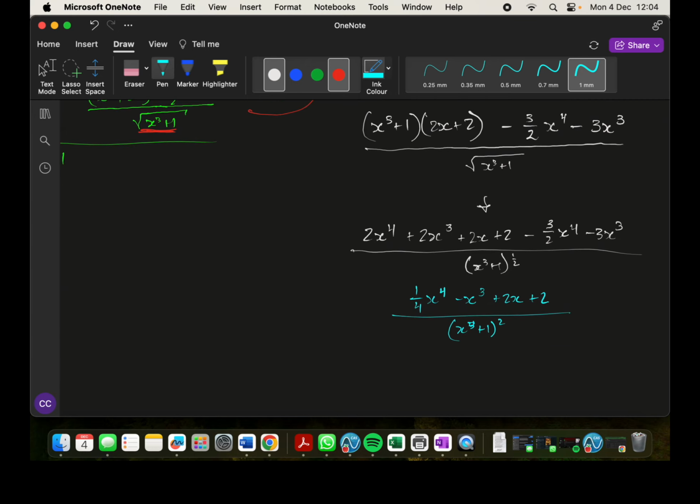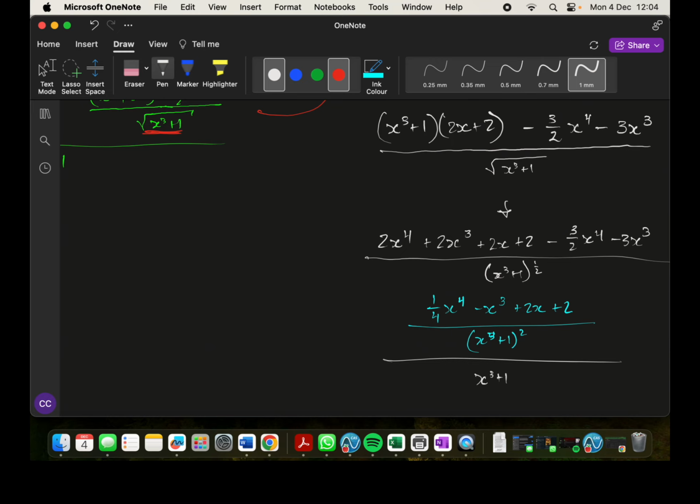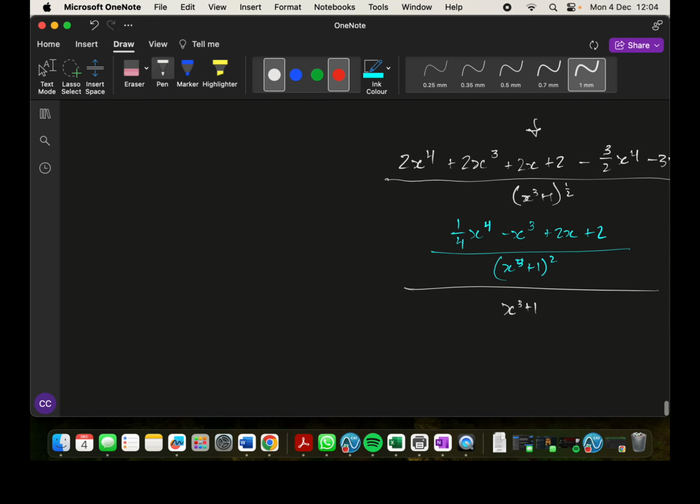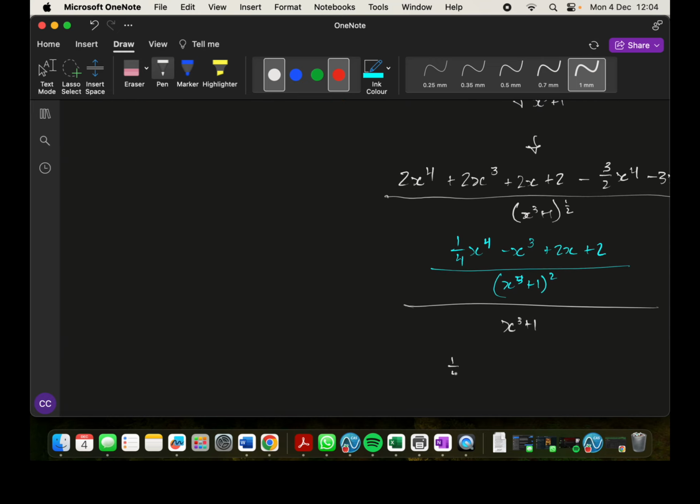And just putting my old denominator in, which is x cubed plus 1, that would result in my answer being 1/4 x to the fourth minus x cubed plus 2x plus 2 all over x cubed plus 1 to the 3/2 power.